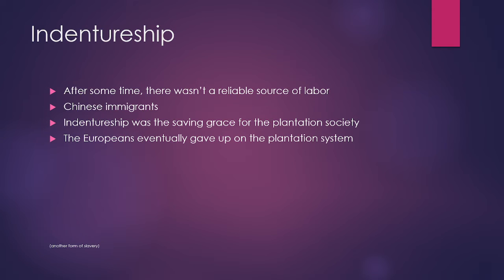As I said, it was almost another form of slavery, but it was the way that plantation society actually survived, because it was a saving grace basically to plantation society. But as I alluded to earlier, the Europeans eventually gave up on the plantation society, and the reason was that it was no longer bringing in enough money to fund their activities.